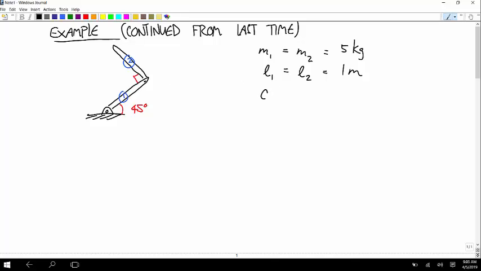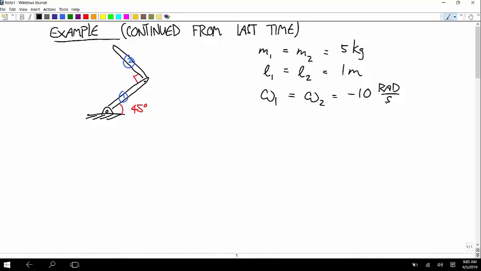At this instant, the angular velocities are both the same, negative 10 radians per second. It's negative, so it's clockwise.